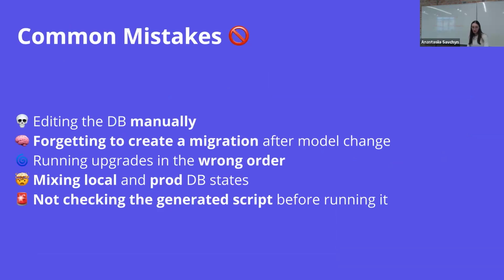So if we are going back to migrations, what are common mistakes? Why do we need migrations? Because editing the database manually can bring us a lot of problems, especially if there is some data in our database already. And migration is also good because when we create the script, we can see the full content of what will be done. And if we want, as I mentioned previously, we can also check the raw SQL that will be generated by this migration.